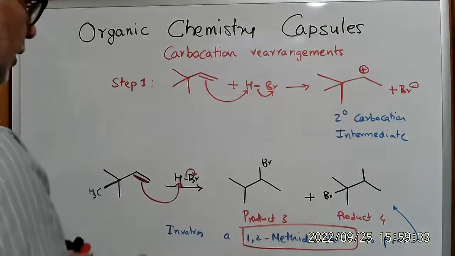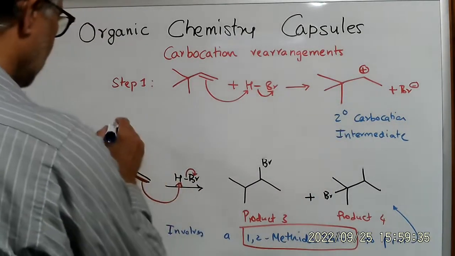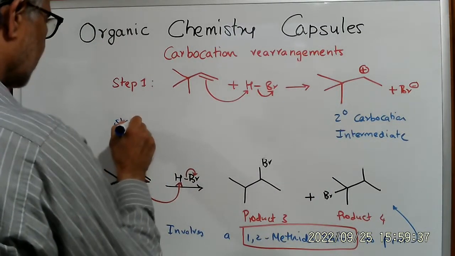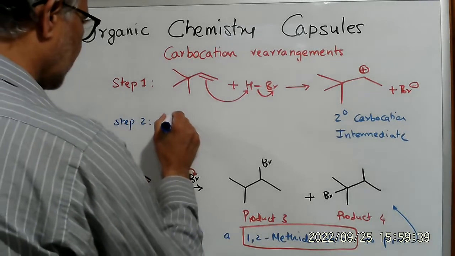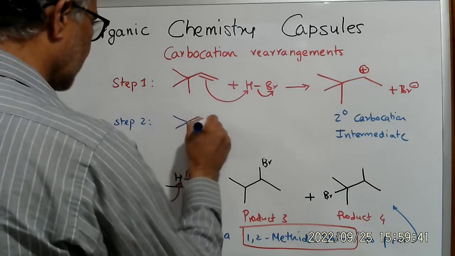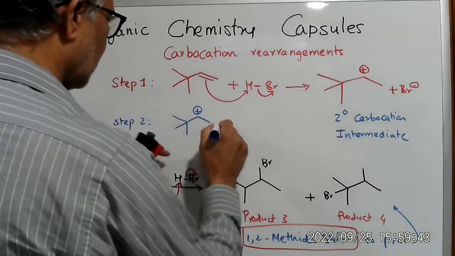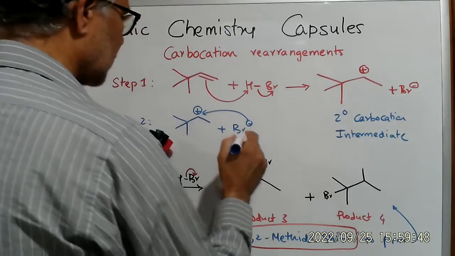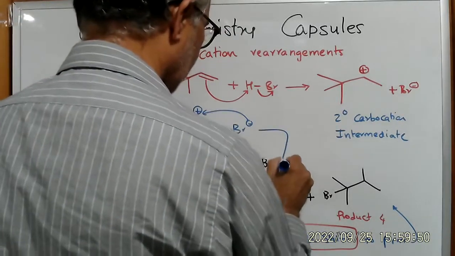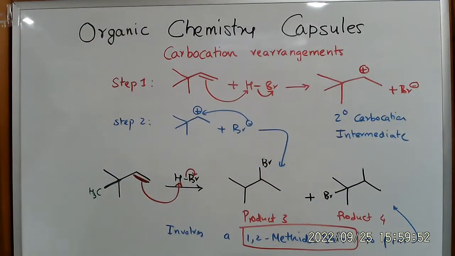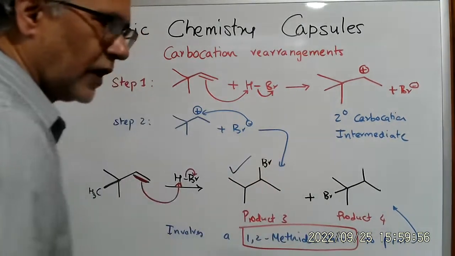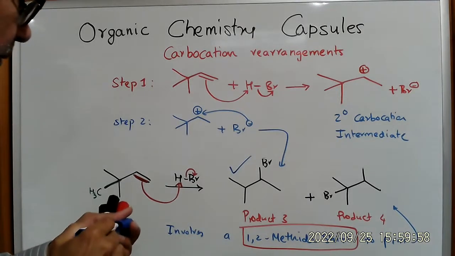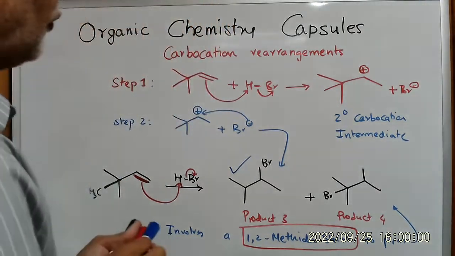You have this carbocation intermediate, which in the next step will pick up the Br minus to form product 3. So product 3 is explained, that's quite straightforward, but how do we get product 4?